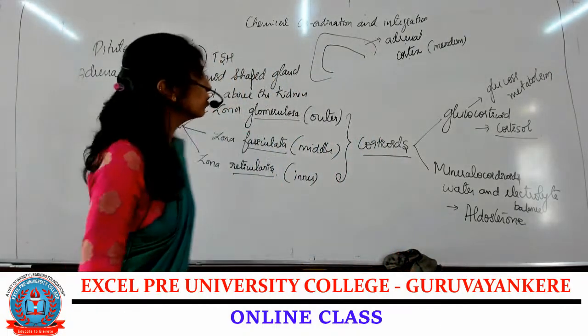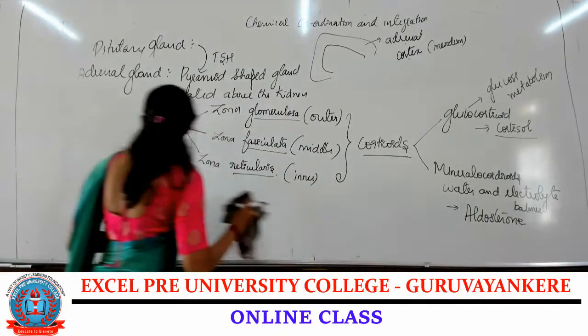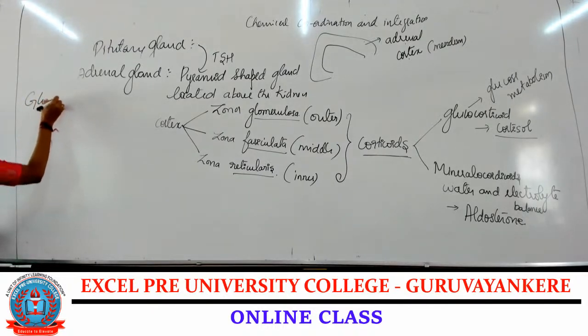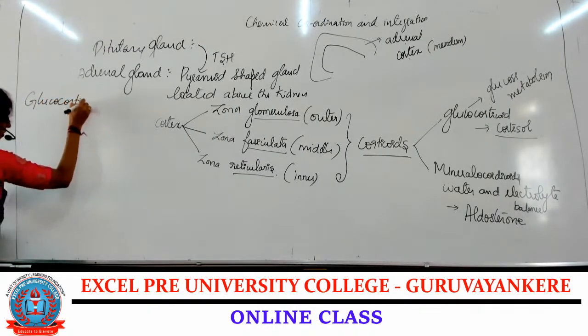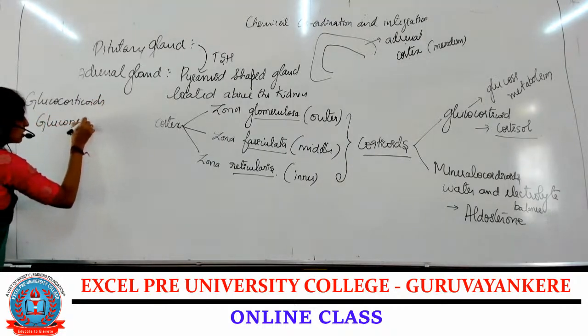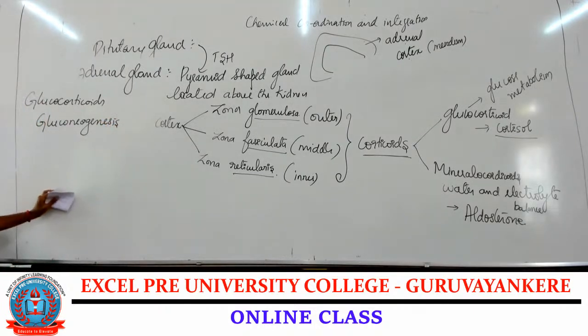Now, first coming to glucocorticoids, they help in gluconeogenesis. Now tell me, what is gluconeogenesis? Formation of glucose. Very good. Gluconeogenesis is the formation of glucose, by breakdown of glycogen or by synthesis.